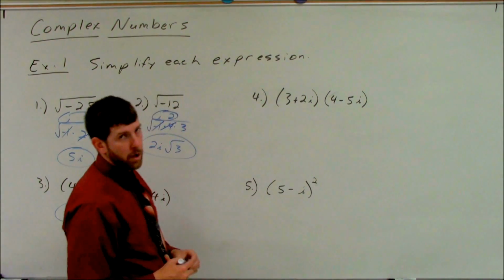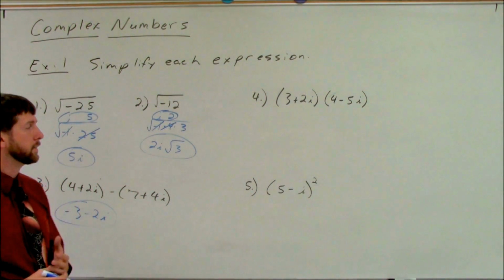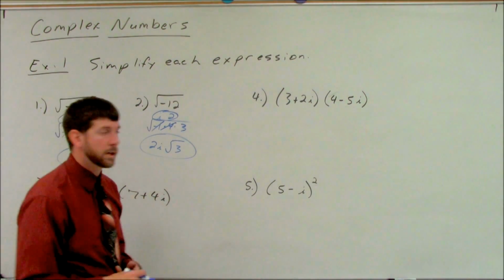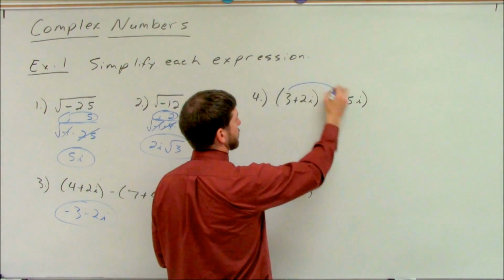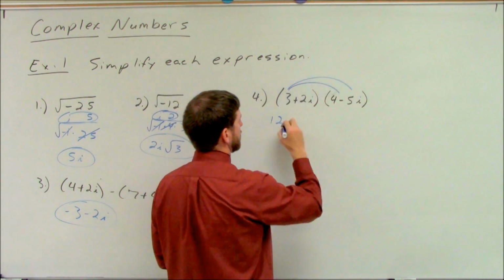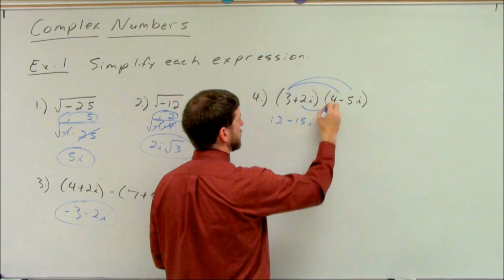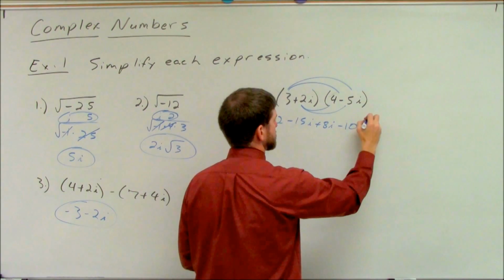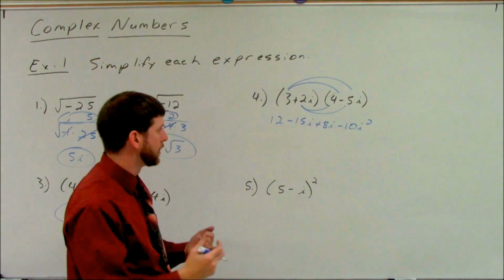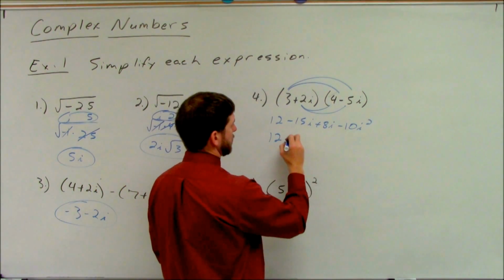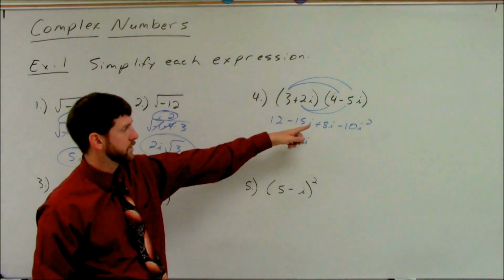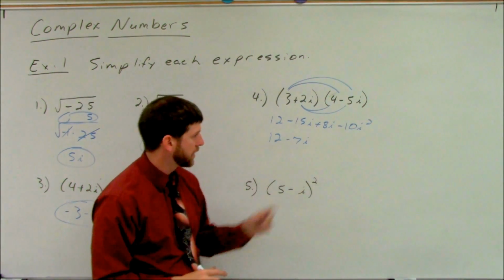Number 4, we're going to multiply. Well, how do you think we multiply these complex numbers? Distribute, just like you would any other multiplication. 3 times 4 is 12, minus 15i, plus 8i, minus 10i squared. Clean it up. 12 minus 7i, negative 15i and 8i is negative 7i.